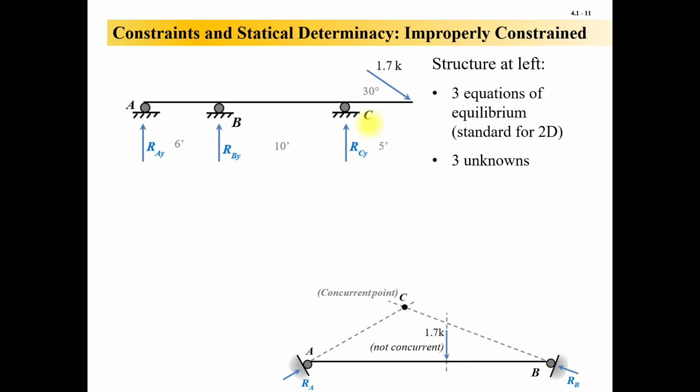Okay? Here's another one. If your reaction vectors are all concurrent, meaning their lines of action act through a single point, and an applied force does not. So this is like a skateboard inside of a concrete ditch, and you're straddling the sides of the ditch. So the board's wheels are touching. One's on one side of the ditch, one's on the other side.